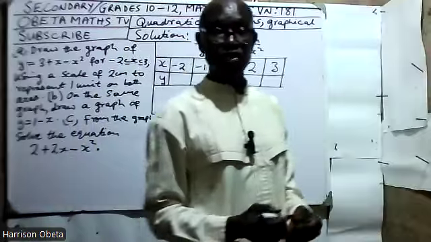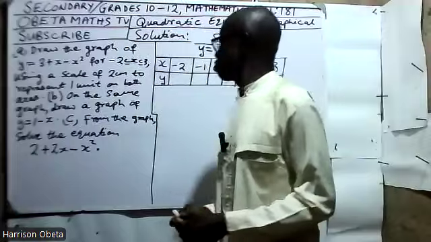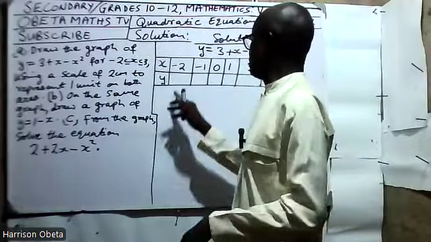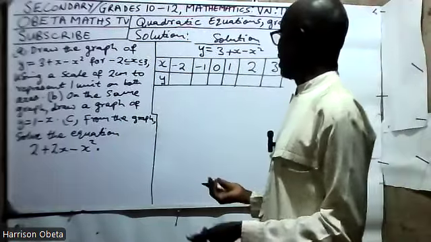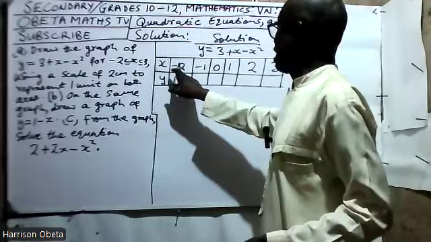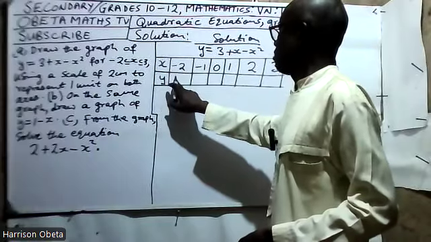The method I'm going to use now is to work each of them and put the values of y directly. So we start by picking when x is minus 2, what will y be?